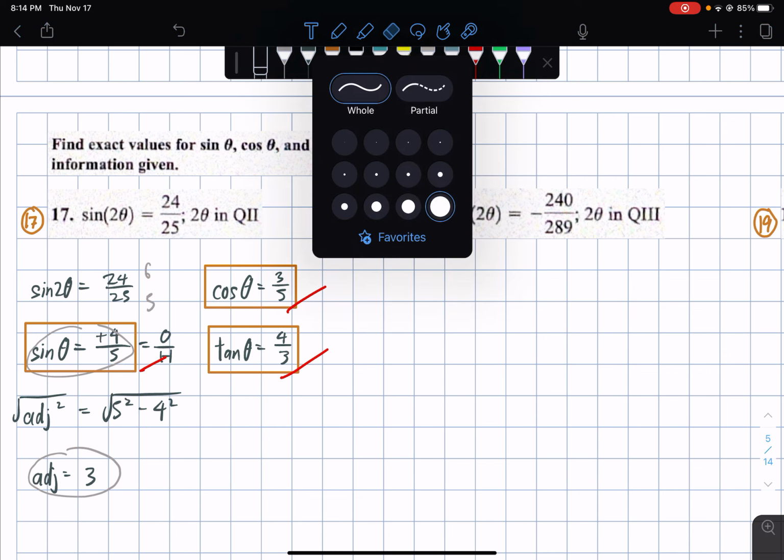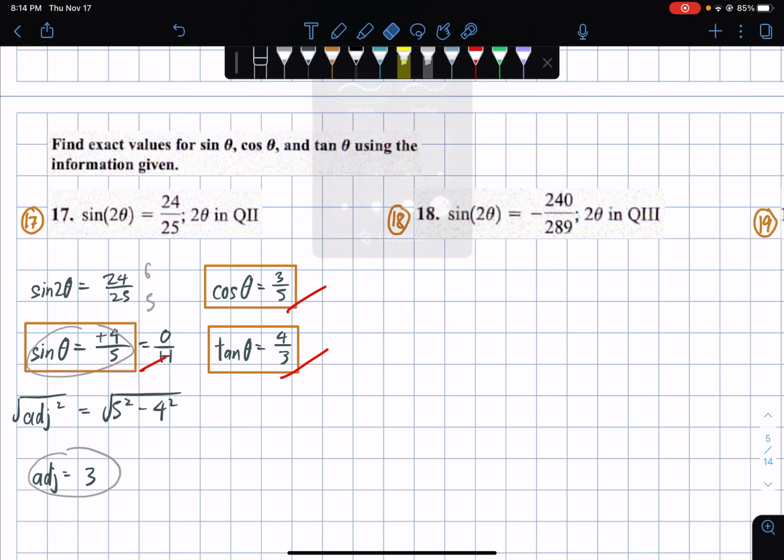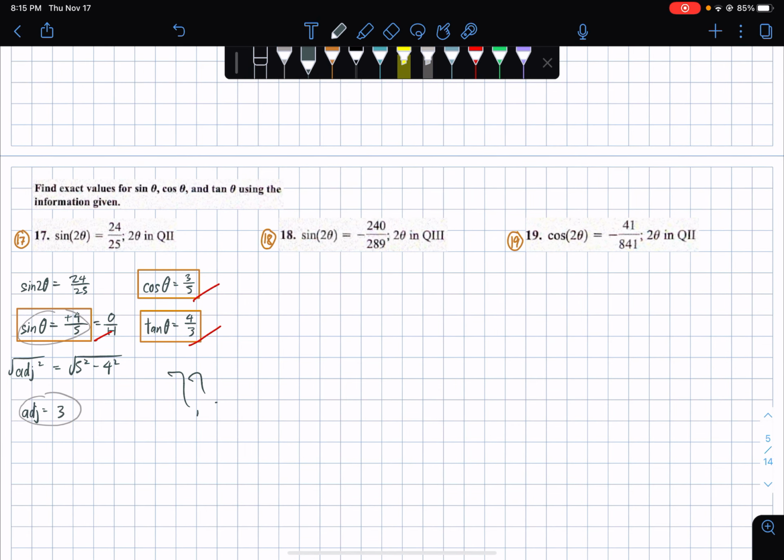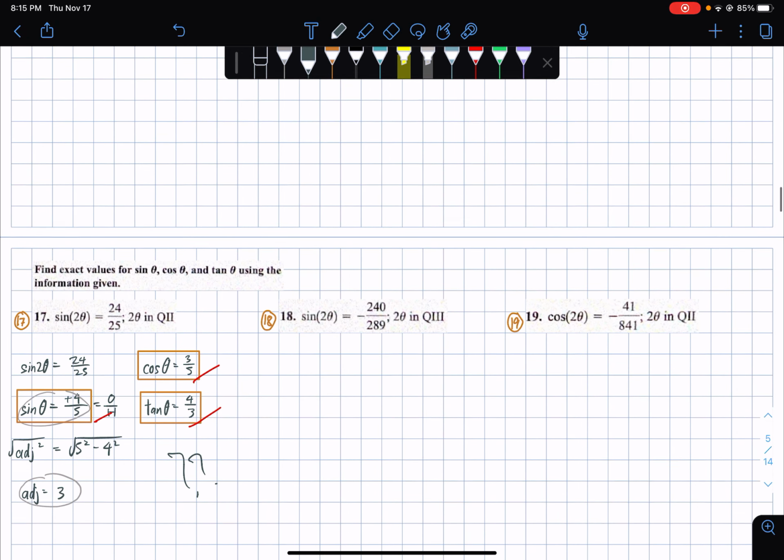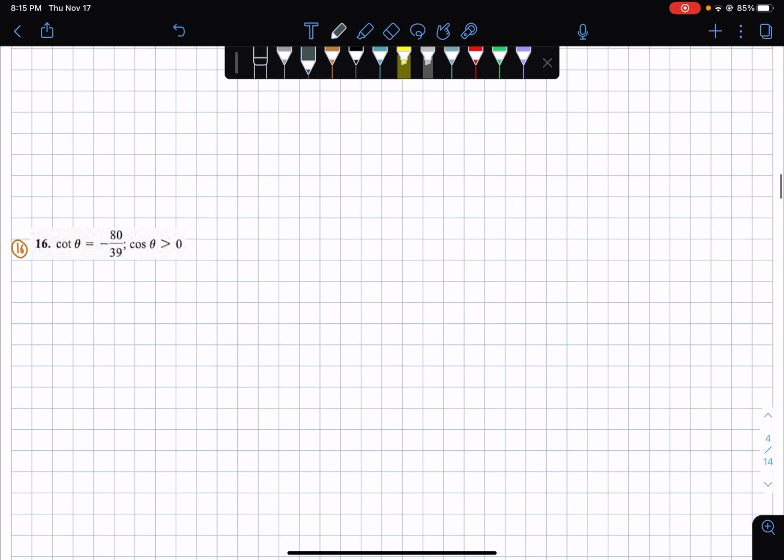Hang on. Okay, never mind. I can't teach this. I'm not sure about this one. But I've checked the answers, they're all correct. I won't be able to discuss this anymore.